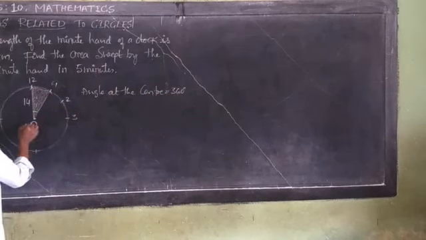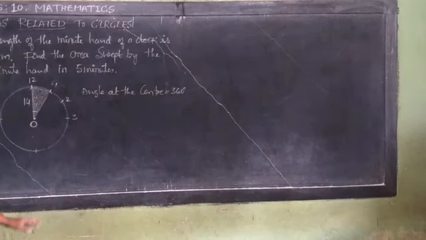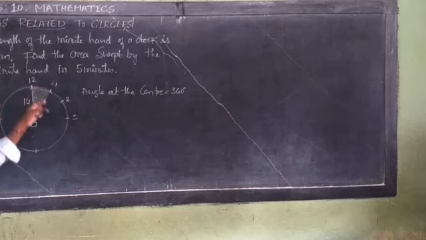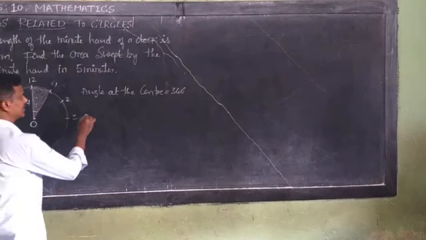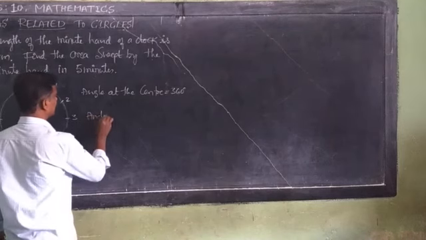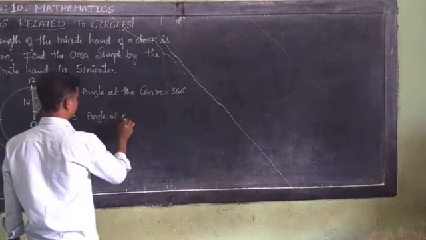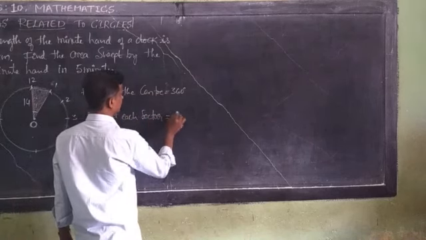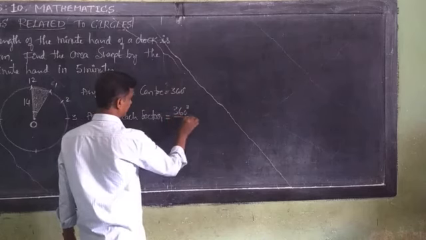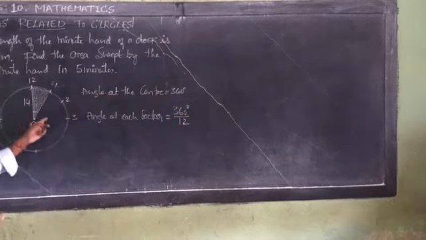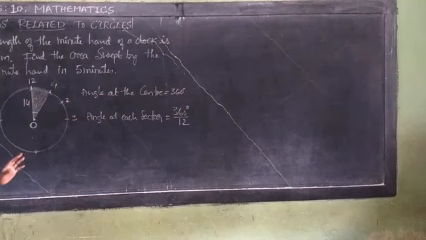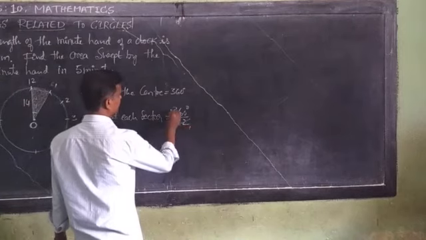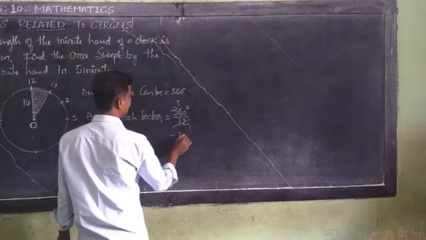This 360 degree angle is divided into 12 sectors. Therefore, what is the angle at each sector? We have to divide 360 by 12, because the total angle is divided into 12 parts and each part takes that much angle. 12 threes are 36, that is equal to 30 degree.